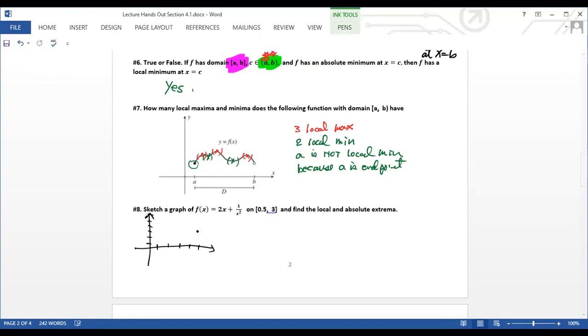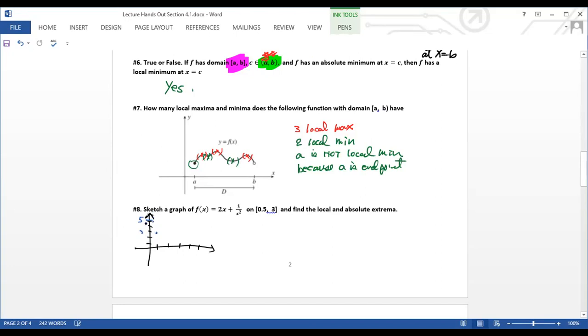So x equal to 1. X starts at 0.5, so 0.5 is here, about 5. When x equal to 1, f is 3.